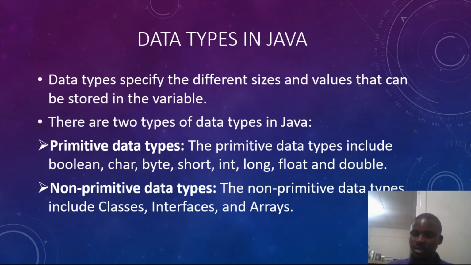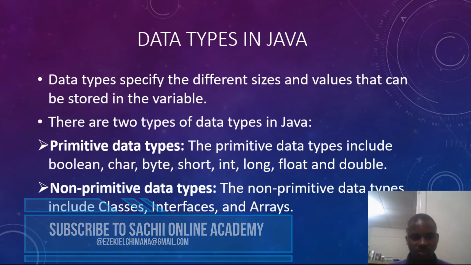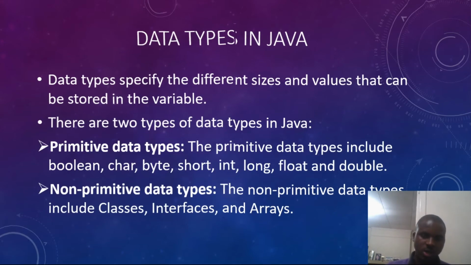Which means we are talking about the size, or the type of value that can be stored in the variable. There are two types of data types in Java: primitive data types and non-primitive data types. Primitive data types include boolean, char, byte, short, int, long, float, and double, while non-primitive data types include classes, interfaces, arrays, strings, and so on.